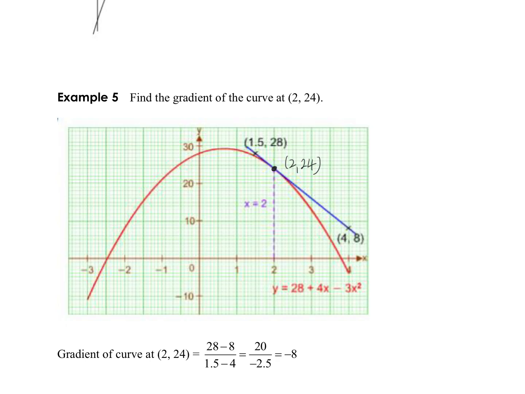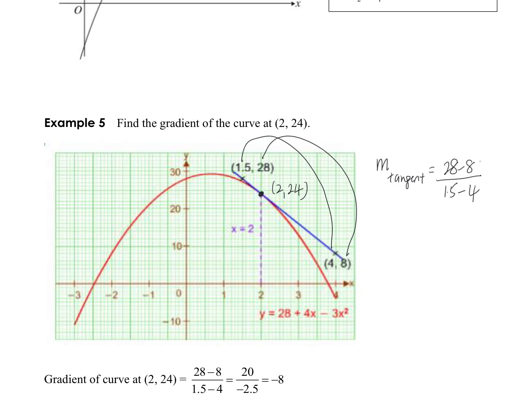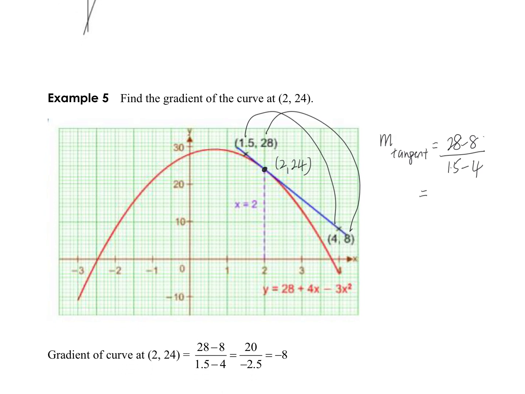Once you draw the line, then you go and find the gradient of the tangent, which is y2 minus y1 over x2 minus x1. For the discriminant equal to zero, we know that tangent means it touches the curve at one point. So this one is drawing the tangent out. So you go and calculate the gradient. What's the value you get?